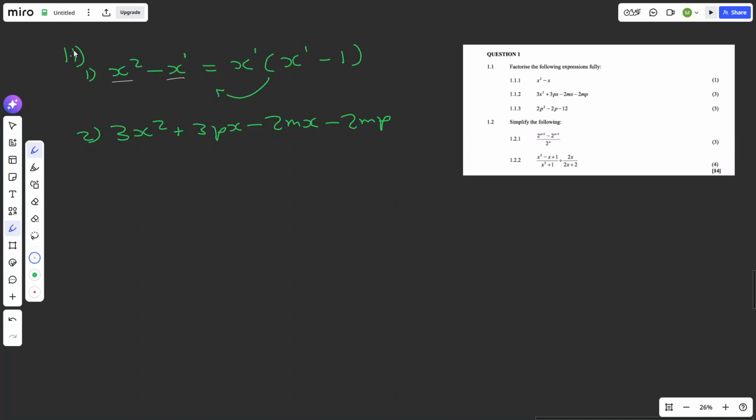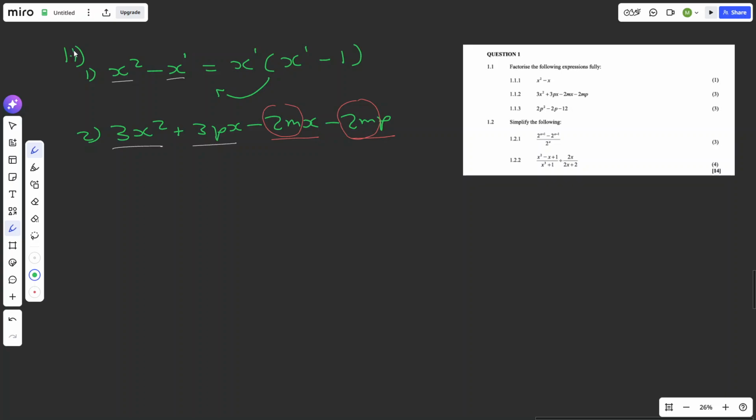We can see here with 3x squared, okay, we can see these two here have a common term, which is 3x. And with the other side, with 2mx and 2mp, we can see 2m is a common term, right? So this part here and this part here is common. So we can remove that, okay?